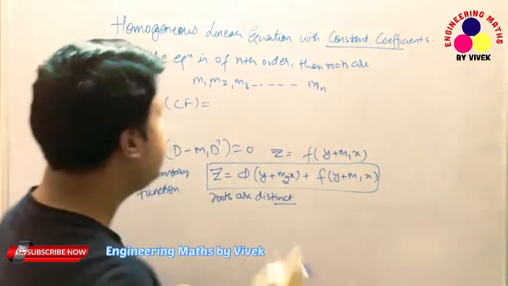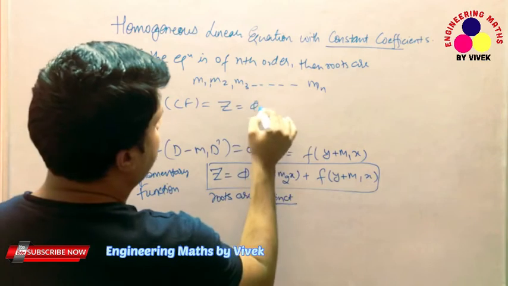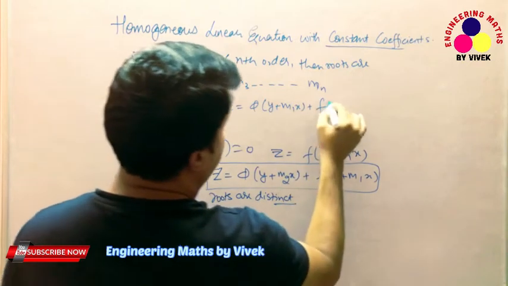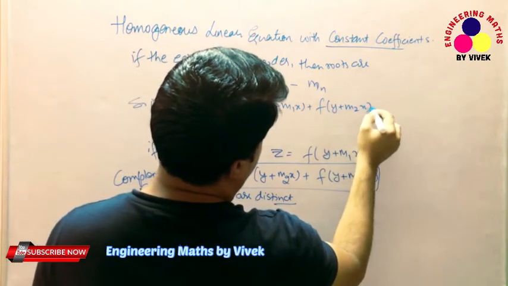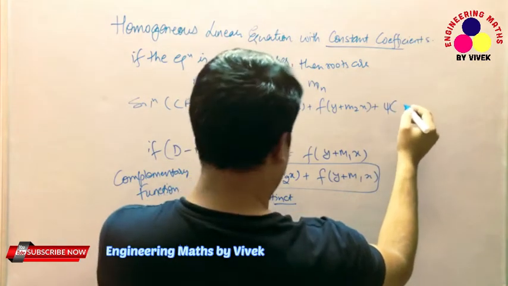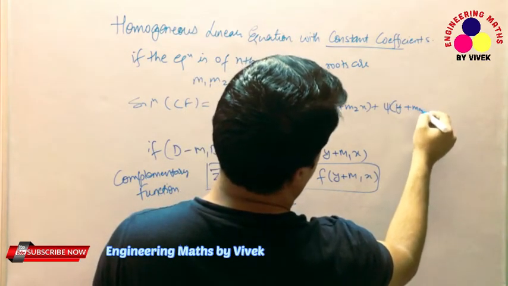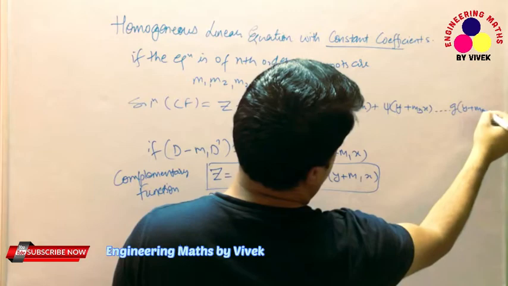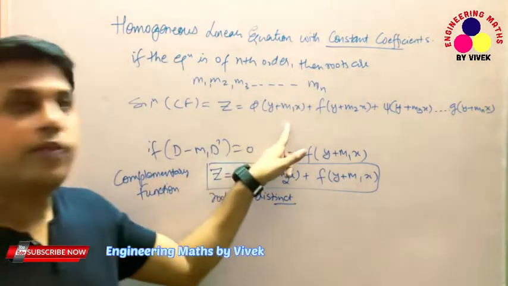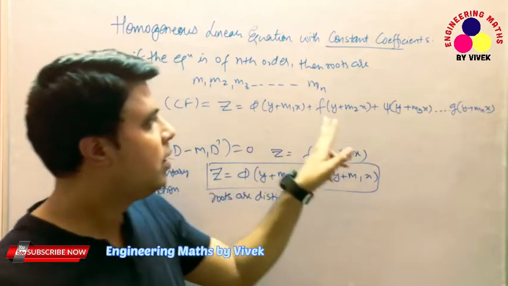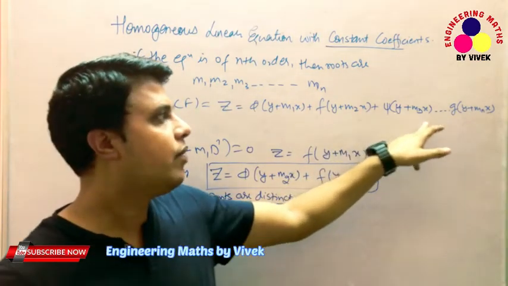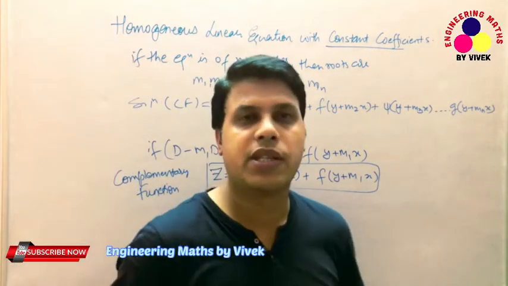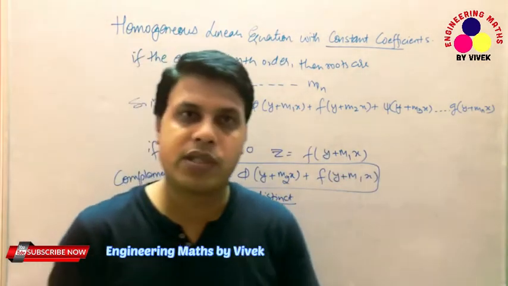That is, the CF is given as phi of y plus m1x, hope it is visible to you, and f of y plus m2x, psi of y plus m3x, and so on, g of y plus mnx. So whatever be the order of the differential equation, we are going to have the same number of roots. I hope it is clear.